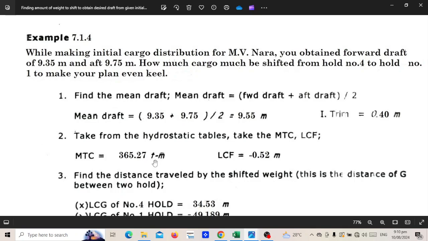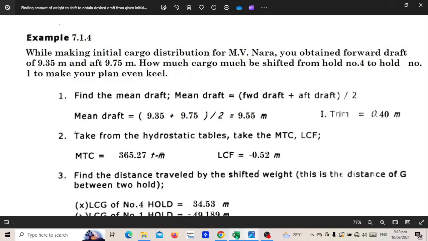Okay, so number 2, take from the hydrostatic tables. When you say take from the hydrostatic tables, it means with this mean draft of 9.55, you consult the hydrostatic table so that you will get the value of MTC and LCF. So we'll just go to the hydrostatic table and investigate.